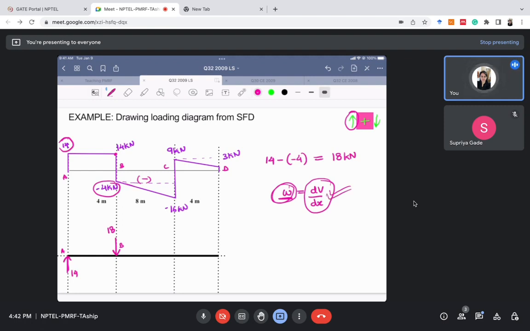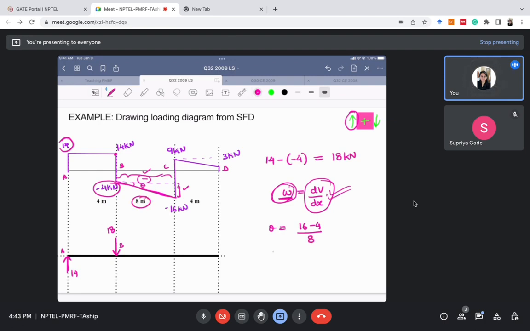So what is this slope? Slope means this theta. What is the value of this theta? It is this part divided by the entire length up to this point. We calculate the slope as 16 minus 4 divided by this length, which is 8 meter.